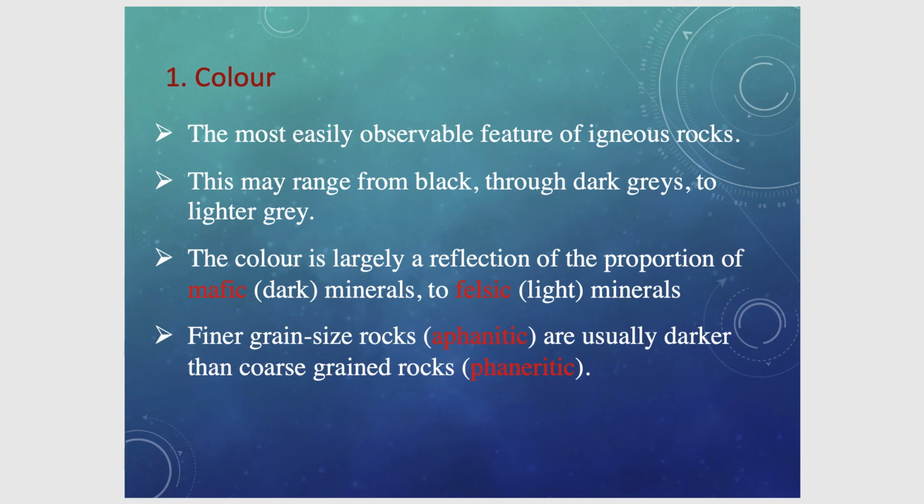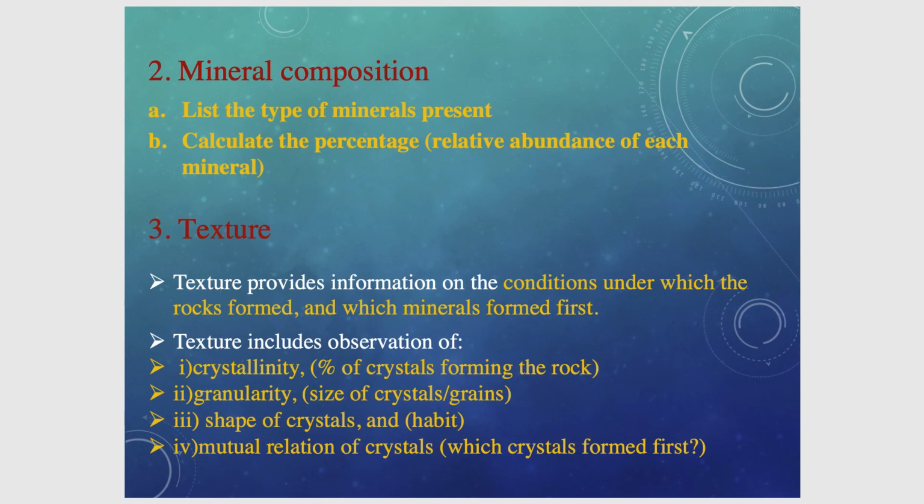These are the most common transitions in color. As I stated earlier, content in K-feldspar controls the pink, but the change in abundance of mafic minerals controls the transition from white to black, or dark. And also remember, the grain size will be critical.